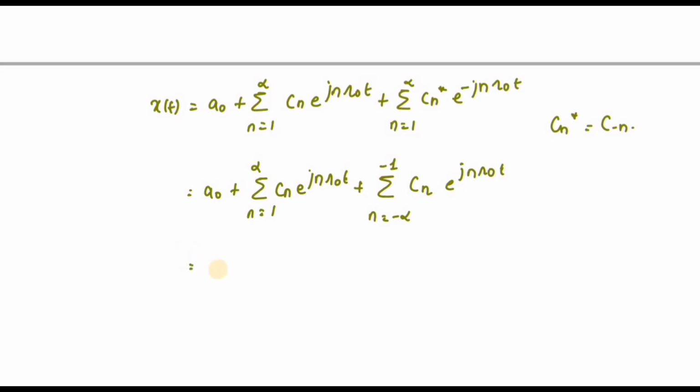So I can write a naught plus c, you can see from minus infinity to minus 1, and after that you have a naught, that is for n is equal to 0, and after that you have 1 to infinity. So this whole term I can write as summation n is equal to minus infinity to infinity c of n e power j n omega naught t, x of t. Since if I substitute n is equal to 0, c naught and a naught are equal. Okay, c naught is equal to a naught.